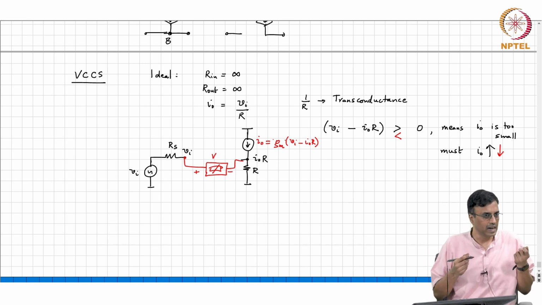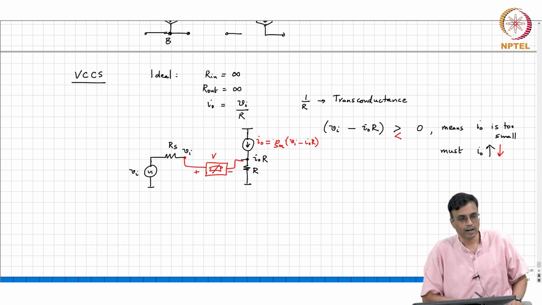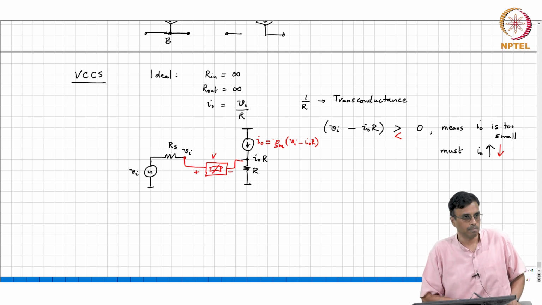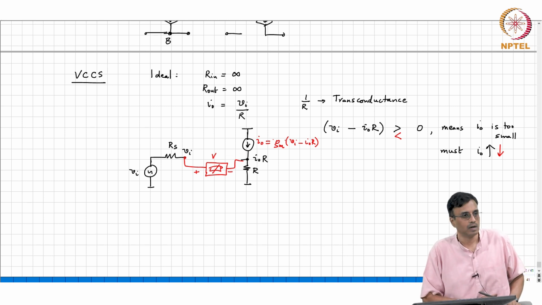Ideally Gm must be infinite, because even for an infinitesimally small difference between Vi and I naught R, the current source must kick that output node so hard that I naught R will become equal to Vi. And so, what is the sign of that Gm? Plus or minus? If Vi minus I naught R is greater than 0, you must increase it. So, the Gm has a positive sign, all right. So, therefore, this is a voltage controlled current source, okay.